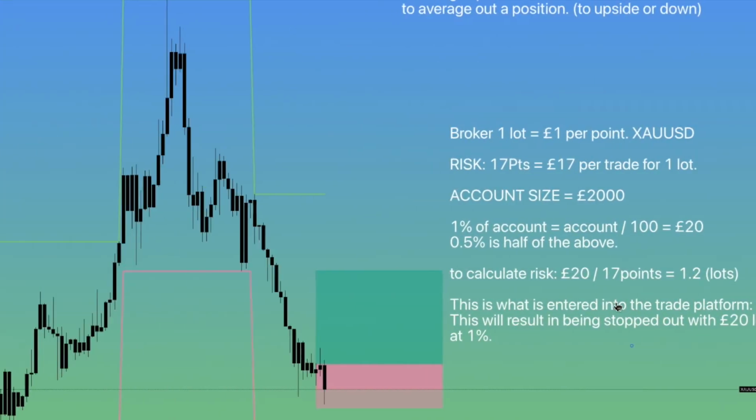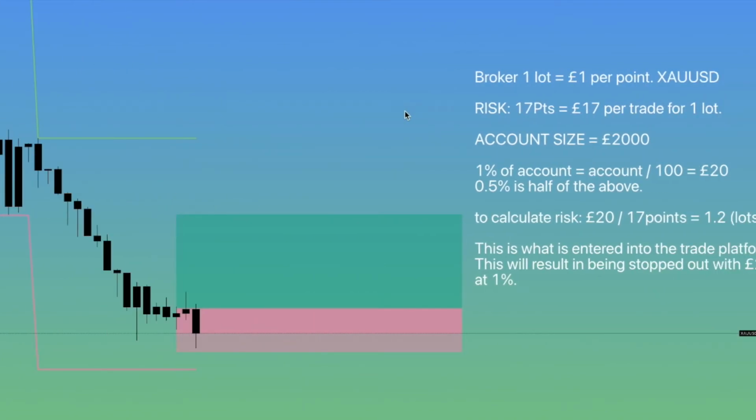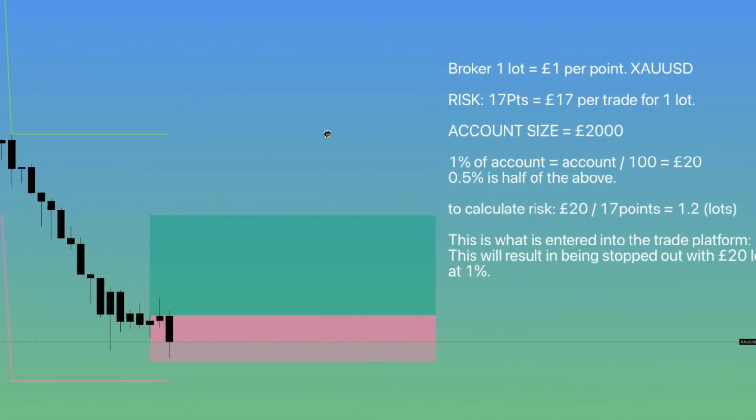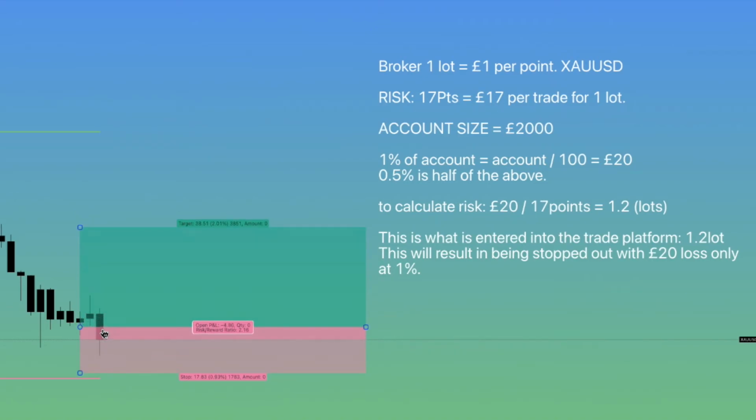If I zoom right in here, we can safely say that if we were to enter here, another 1%, we would be halfway in between the entry point and the point that we're entering now. So then the trade would be at this particular position.